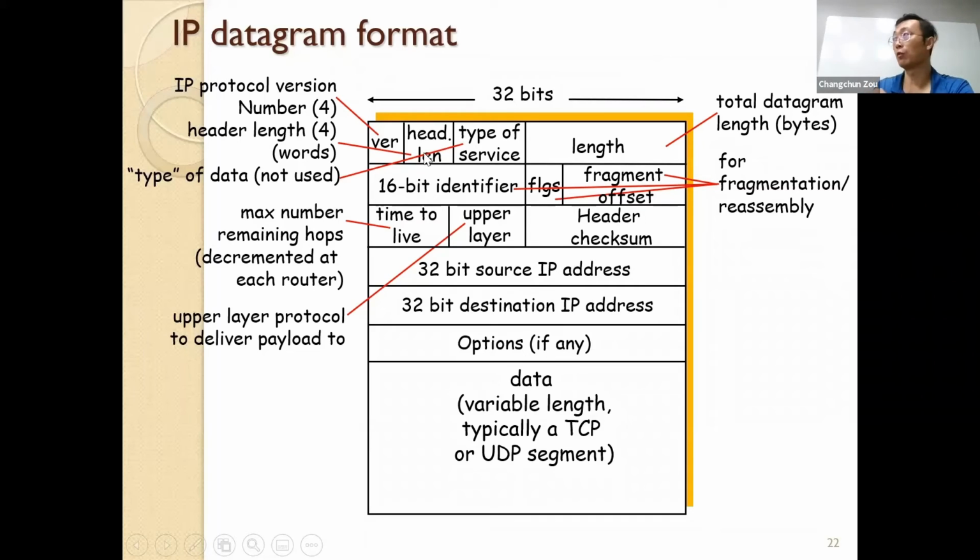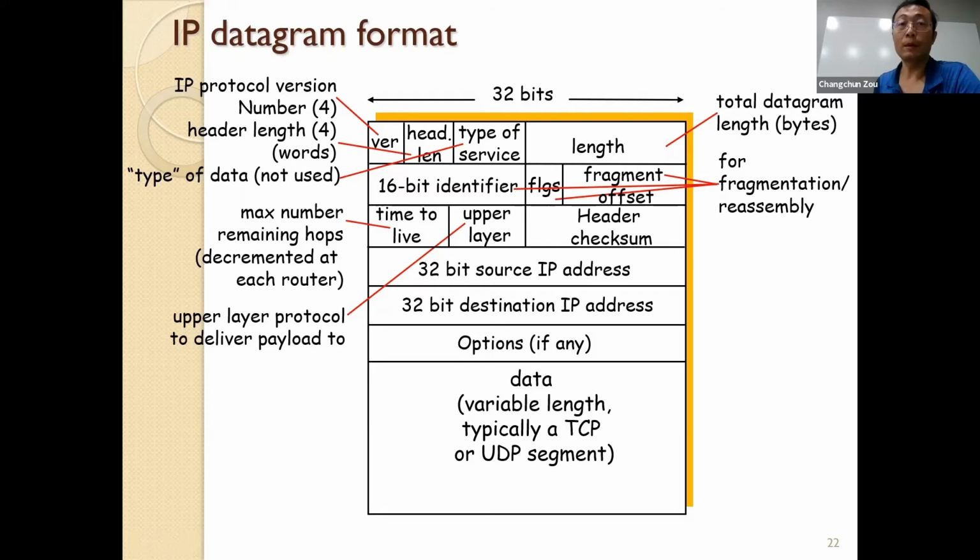So the header length tells the receiver how to determine where the end of the IP packet header is. Remember, the version is 4 bits, and the header length is 4 bits. Type of service is 8 bits. Type of service is rarely used right now. Basically, all the routers ignore this type of service.